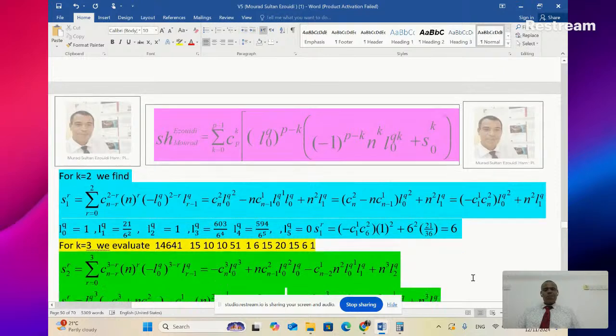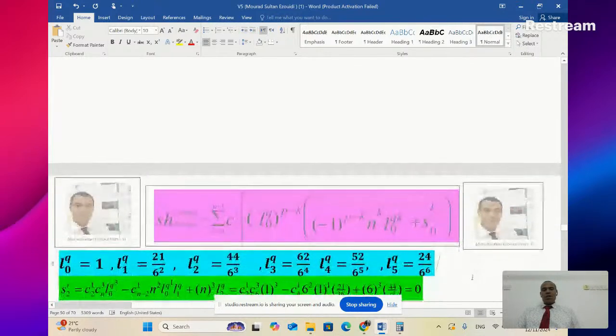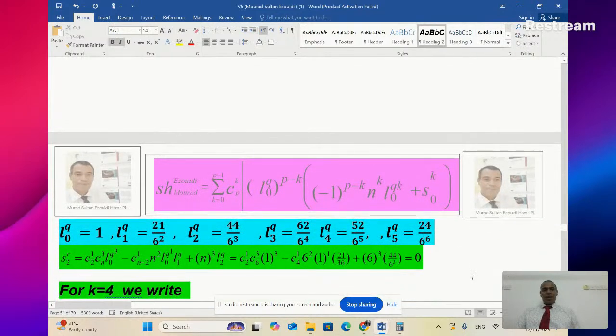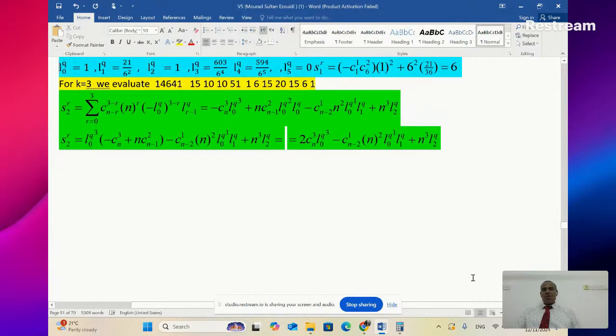We proceed. We want to find now, learners, the value of S2. To find S2, you should substitute k equal 4 in the discrete formula of Mignotte, and you will get S2 of order r equal the sum from 0 to 3 of combination n minus r choose 3 minus r, n raised to the power r.